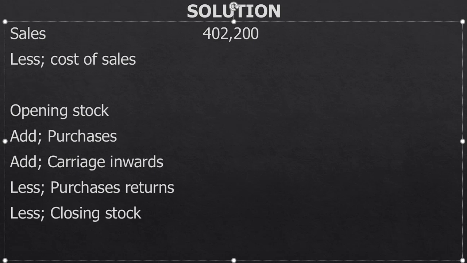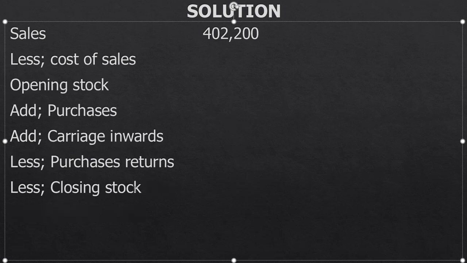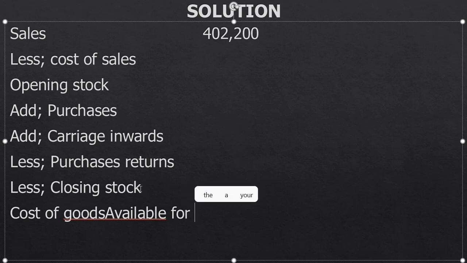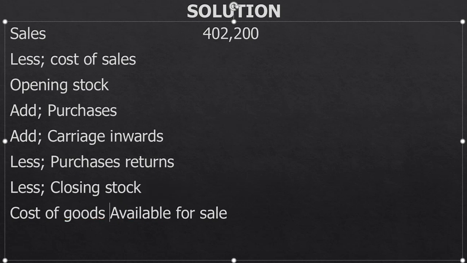What you get is the cost of goods available for sale. Good. Now that we have created the template, we are going to fit in the figures.